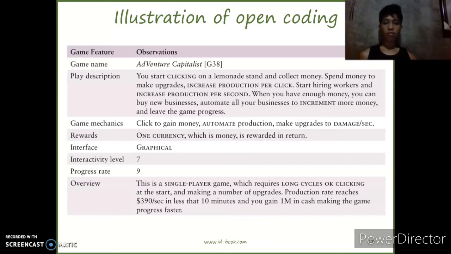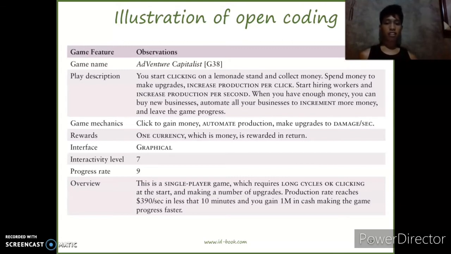Spend money to make upgrades that increase production per click. Start hiring workers and increase production per second. When you have enough money, you can buy new businesses and automate all your businesses to earn more money and move the game progress along. Game mechanics: click to gain money, automate production, make upgrades to increase damage per second.